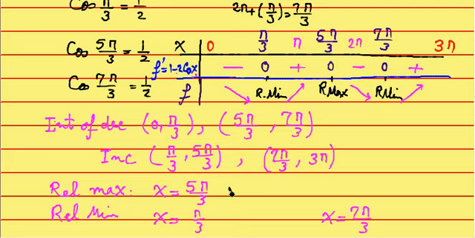If y is also requested, how do you find y? Well, you have to go back to the original function. Original function was x minus 2 sine of x. So if you want to find the y, you have to plug it here. X is just 5 pi third minus 2 times sine of 5 pi third.